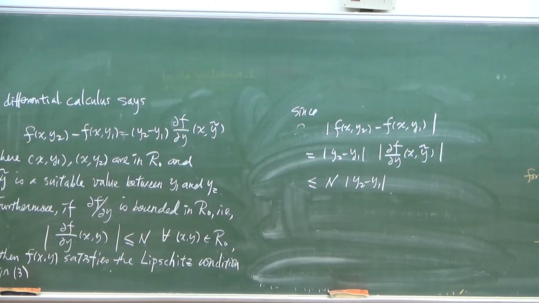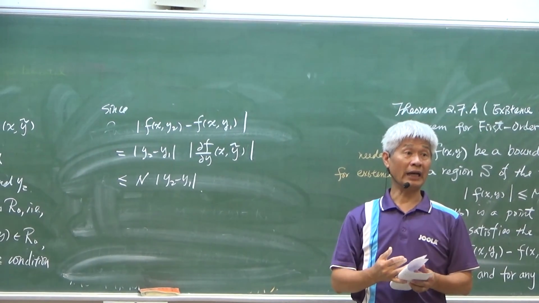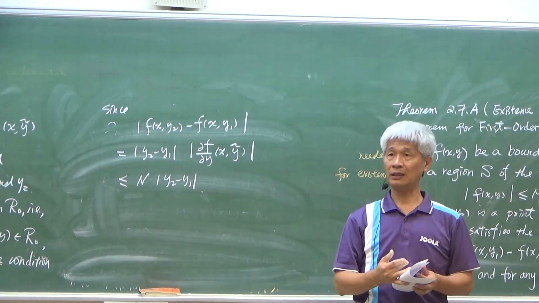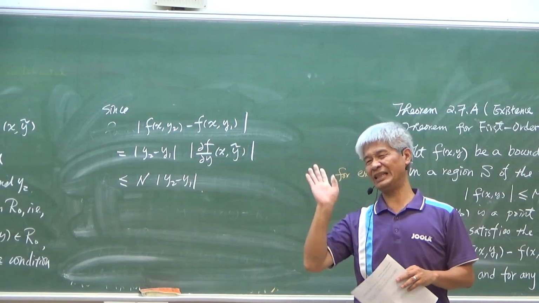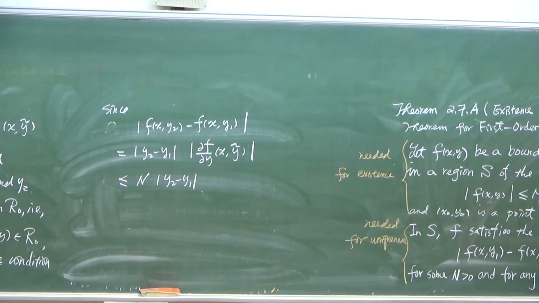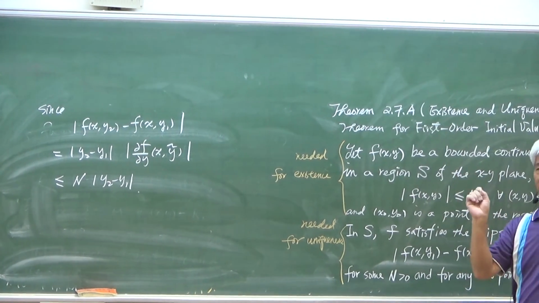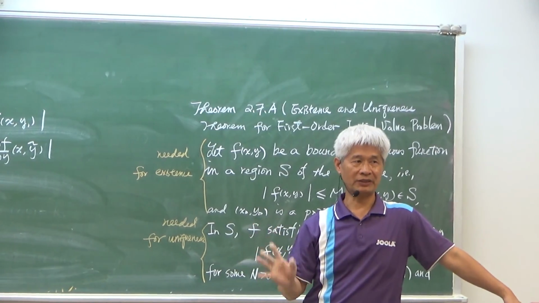Once finished, I will send it to you through the MS system, just for your reference. If you don't have time, skip it. I will not ask you to write a proof in the quiz or in the midterm examination.